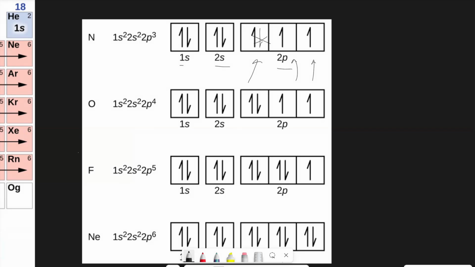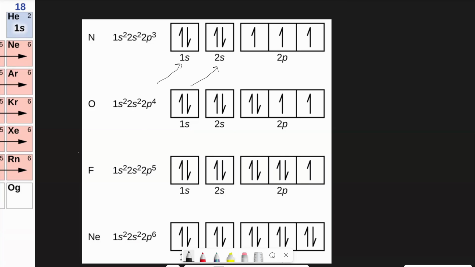In the case of 1s and 2s, 1s is the lowest energy level, in this first n equals 1. We'll talk about the quantum numbers in a second. So we do 1 up and 1 down. Once that's full, we move to the second energy level where we have 2s, the lowest subshell within that energy level.